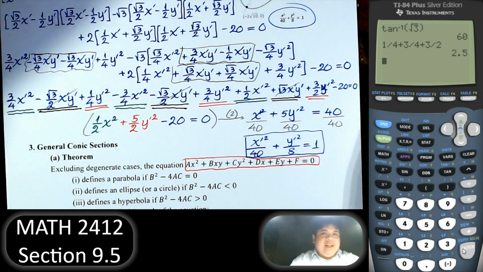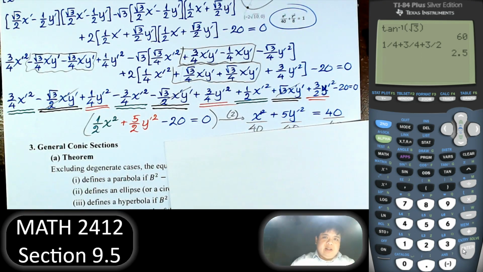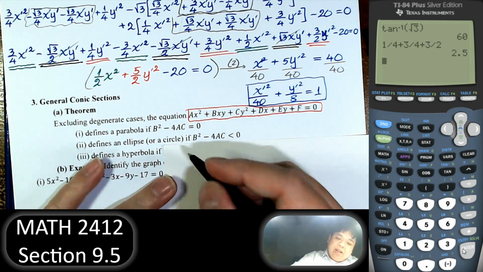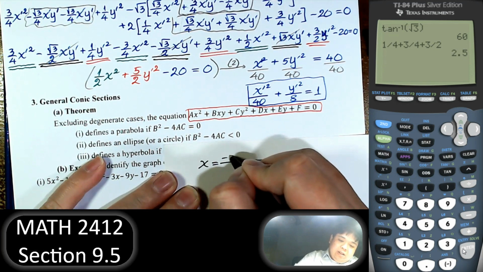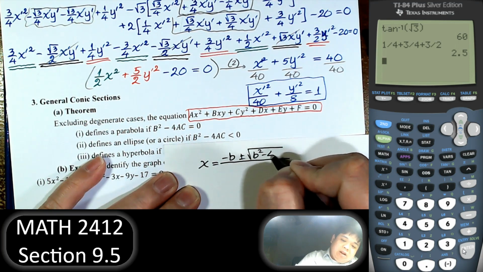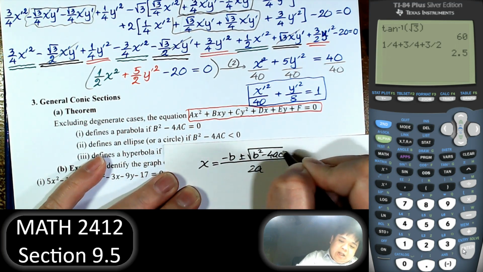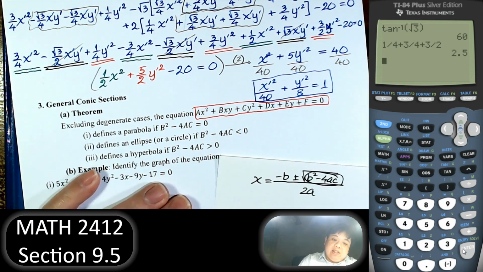By the way, does that look familiar? Well, if you look at the quadratic formula, negative b plus or minus square root of b squared minus 4ac over 2a, actually the discriminant is b squared minus 4ac.